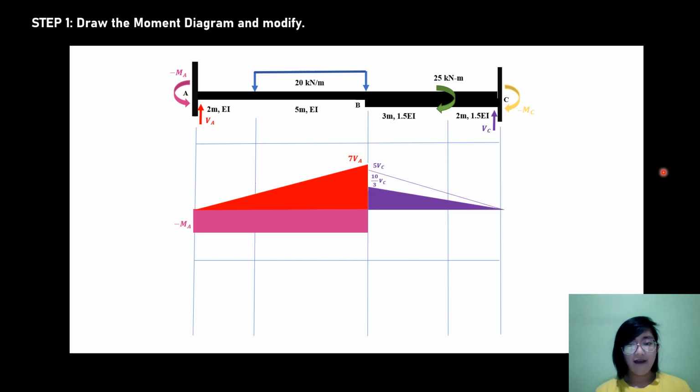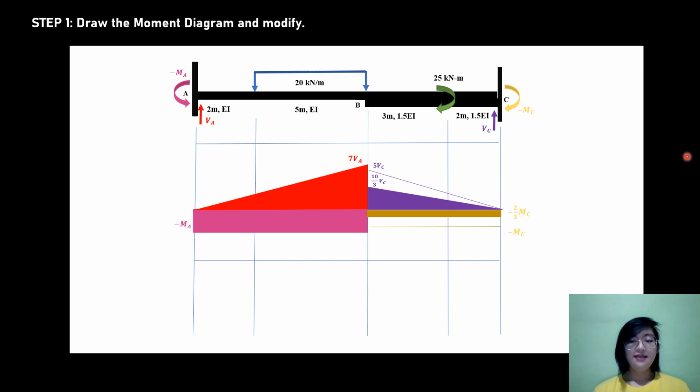So, we will have 10 over 3 VC. Okay, next. So, MC naman. Ano yung moment ng MC to reference line natin, which is point B. So, we have here negative MC. Negative siya. And then, i-modify din natin, we have to divide it by 1.5, magiging negative 2 over 3 MC siya.